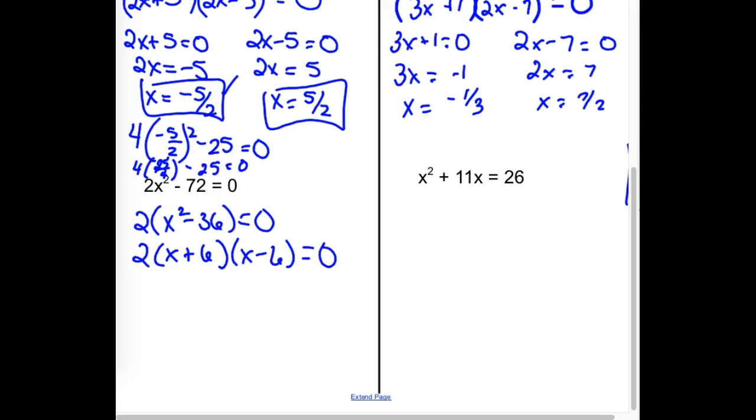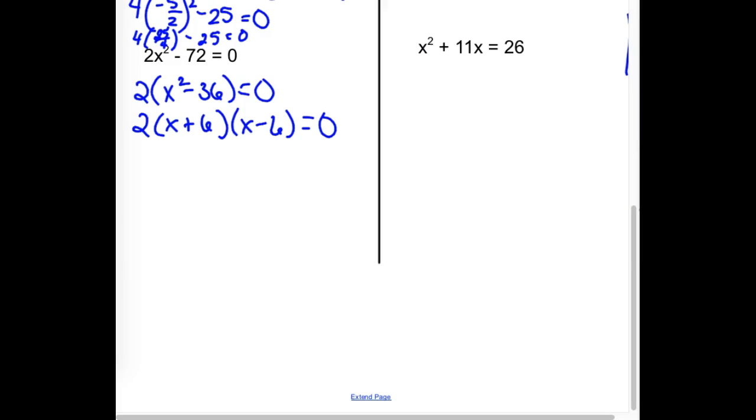Now, for this one, we have 3 factors. There's a 2, there's an x plus 6, and there's an x minus 6. However, only 2 of the factors involve an x. This front 2 is a constant. It's always going to be a 2. There's no way I can change that into a 0. So the only places that could possibly be my zeros would be these two.